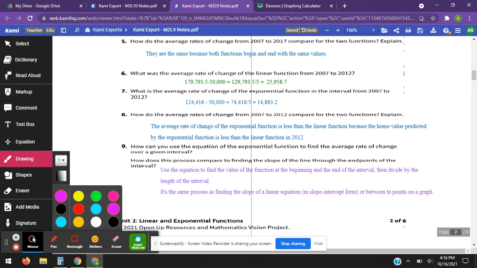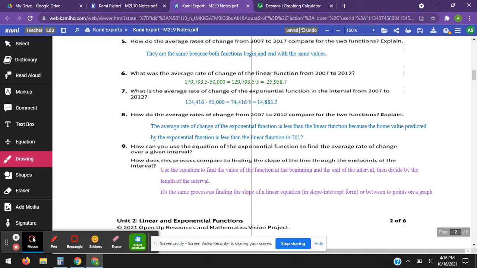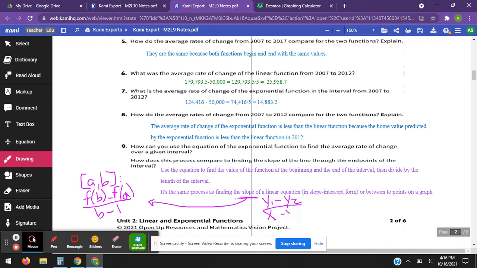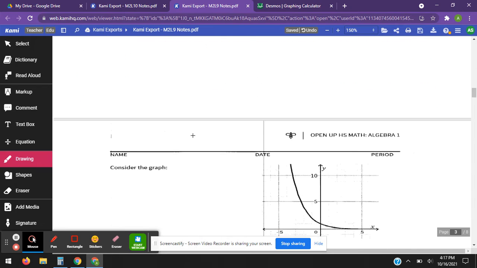So when you have the interval of a to b, then the equation is the function of b minus the function of a over b minus a. Same as the slope, y1 minus y2 over x1 minus x2. The change in the y's over the change in the x's. Same idea. All right, let's go ahead and keep going with this.